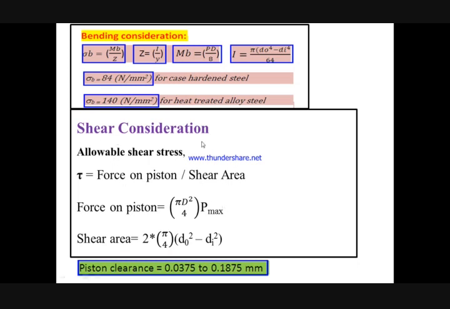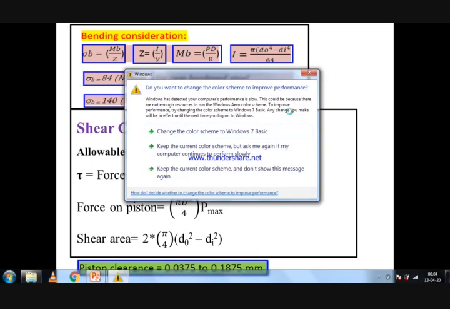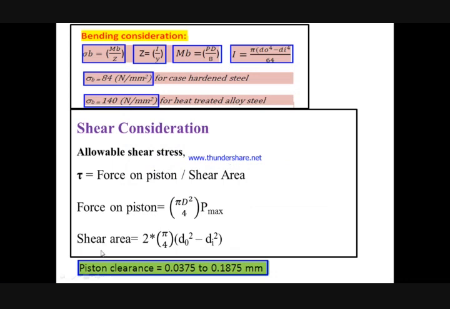Next is the shear consideration. To check for shear, the shear stress induced is given by the force on the piston divided by the shear area. The force on the piston we already know, pi d square by 4 into P max, and the shear area is given by 2 into pi by 4 into d0 square minus di square.